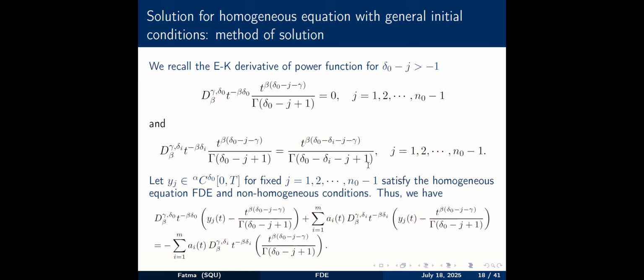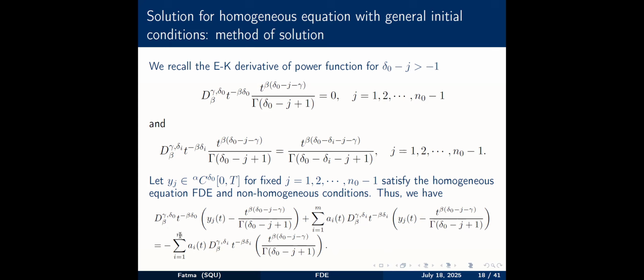So we'll use this idea to rewrite our homogeneous differential equation. For this part, we are going to subtract the power function. And we know that the Erdélyi-Kober derivative of delta 0 for this part will be 0. While for delta i, we need to add and subtract this power function because it will not give us 0.